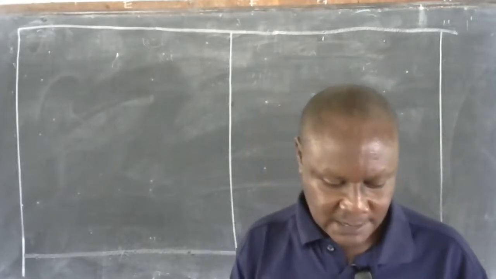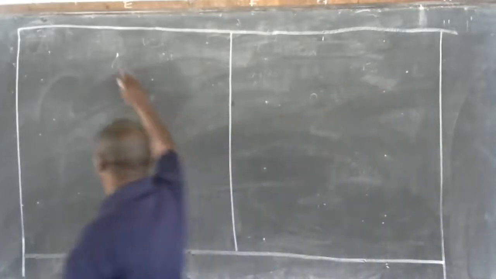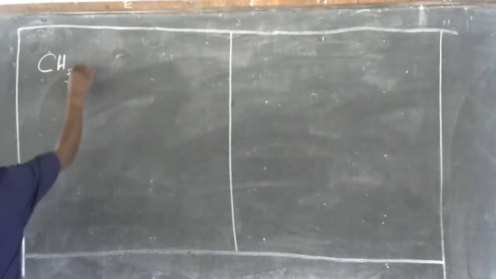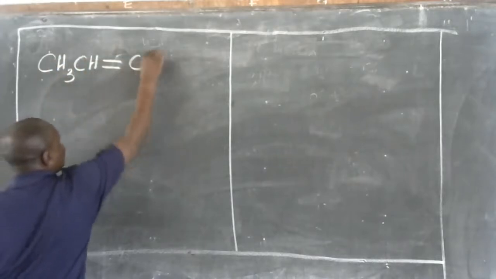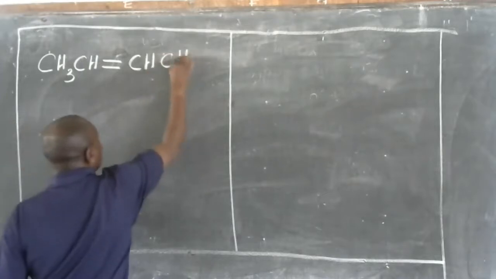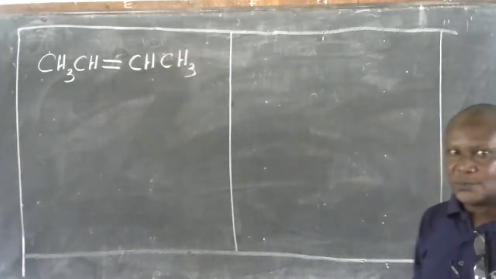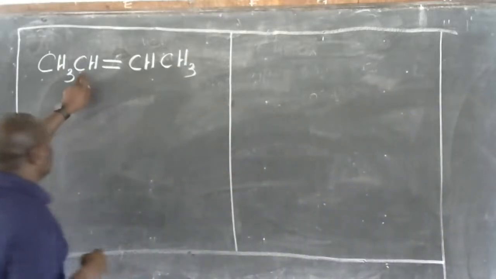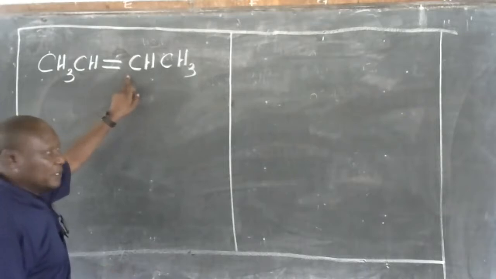If we look at what we looked at, we said that if you have an alkene of the structure CH3, CH, double bond, CH, and then CH3, and you're oxidizing that one, remember there is this carbon of the double bond, and there is hydrogen of the double bond.